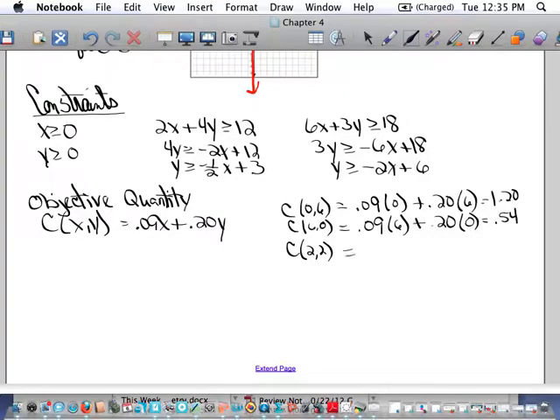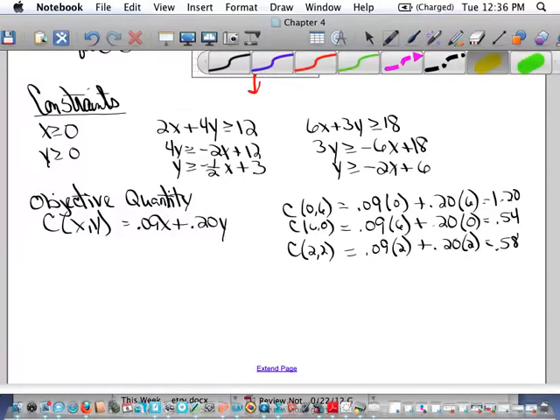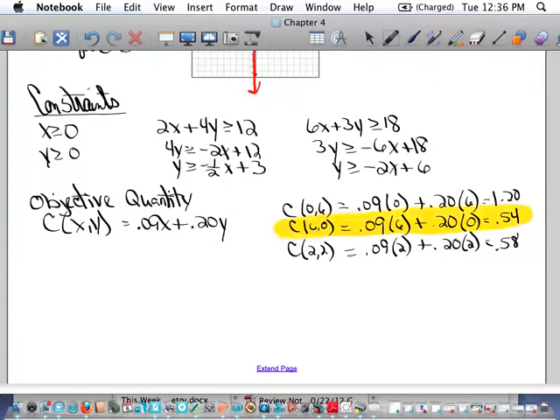And the last one, 0.09 times 2 plus 0.20 times 2, which gives me a cost of 58 cents. So we're looking at minimum cost. So the minimum cost would occur at this vertex where you have 6 servings of food A and no servings of food B, but you're still meeting the requirement of the amount of protein and the amount of carbohydrates that the dietitian wishes you would eat.